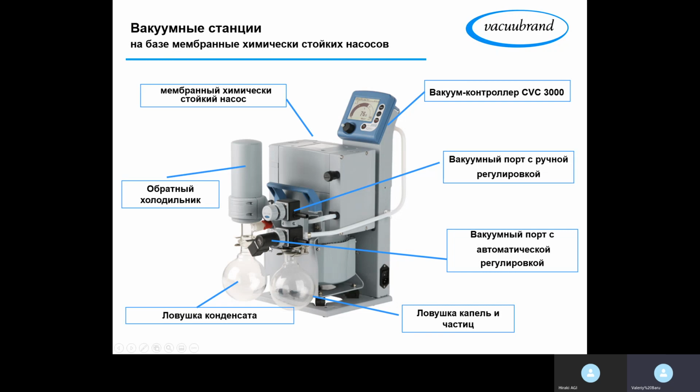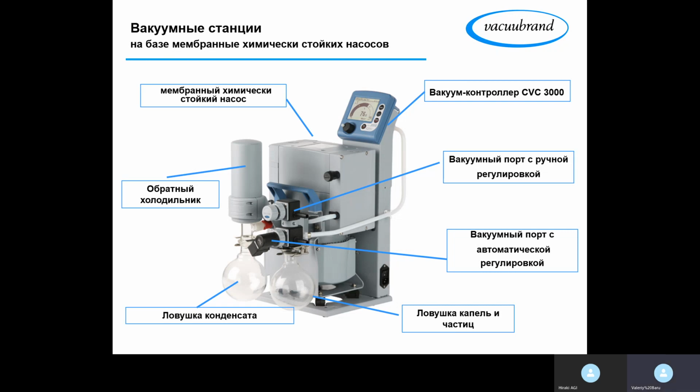This is the receiver. When we have the vapors from the application that go into the pump, they will always go into the pump. Why? Because when we start to evaporate something, we will never be able to control the vacuum so precisely.